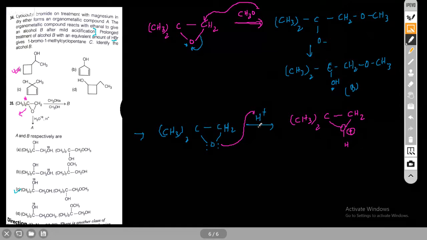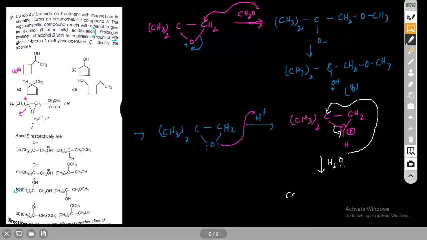Since this is an acidic medium, the ring opens from the more hindered carbon. Or you can say we have H2O also here. When this oxygen has the positive charge, this H2O will attack this carbon atom, and this bond pair comes over here. So what you have to keep in mind is that the ring opens up from the more hindered side.